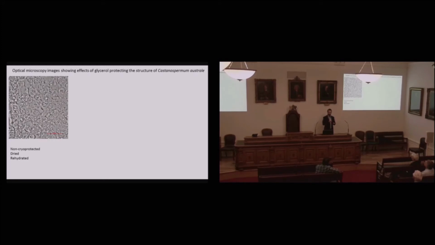We got a sample, we treated it with glycerol, we dried it, and then we rehydrated it, and we cut it with a microscope. And what we saw is that in samples that were not treated with glycerol, just by the drying and rehydrating process, the cells were being damaged.